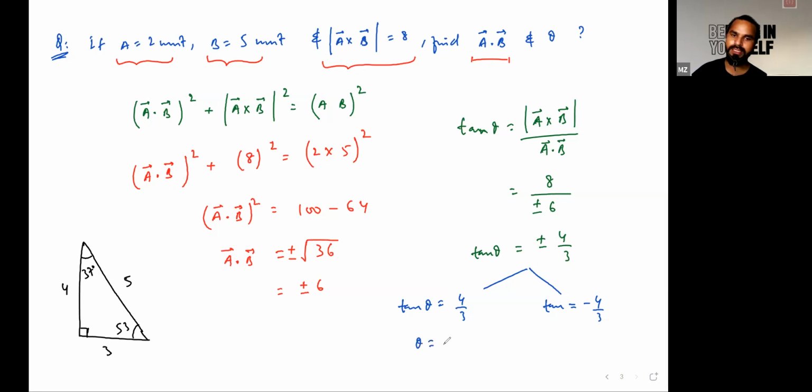So it means theta is equal to 53 degree. And in this expression, tan theta is minus 4 by 3, which means subtract that particular angle from 180 degree. So it will become 180 degree minus 53 degree, or you may say 127 degree.